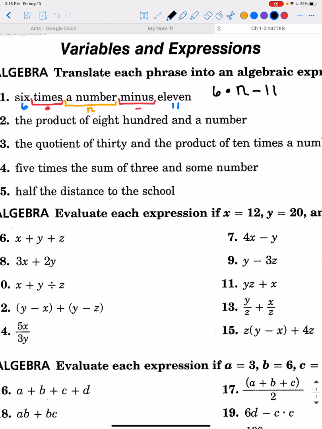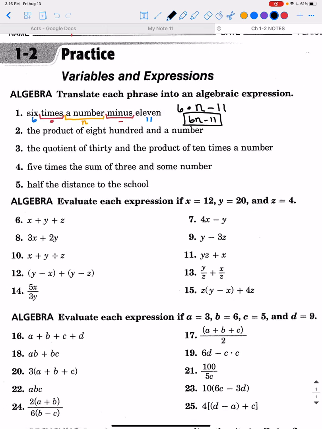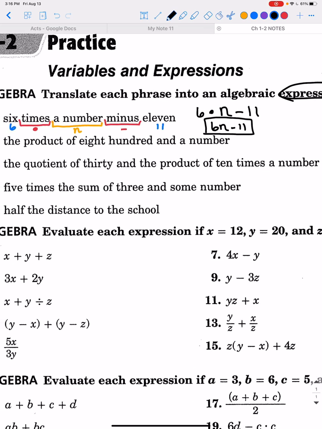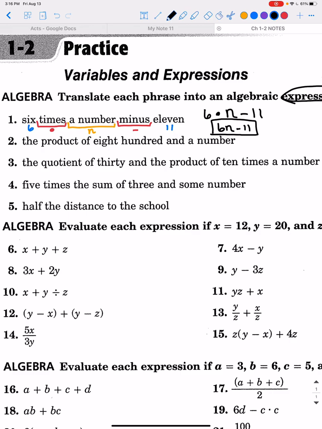And there is a cleaner way. 6 times n can actually be written 6n. So this would be your final expression. Now remember, all we're doing here is translating each phrase into an algebraic expression. We're not evaluating it, so we don't need to go any further than 6n minus 11, okay?